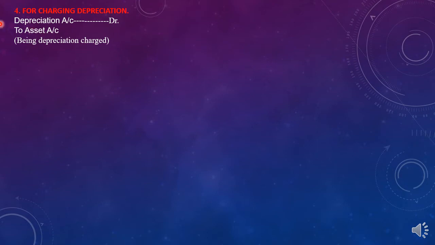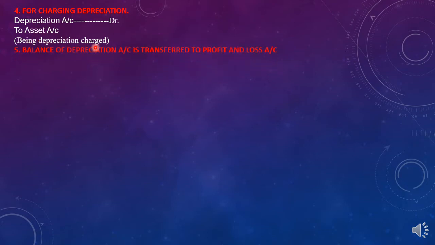Since we know that depreciation is an expense and it decreases the value of the asset, this is the entry for charging the depreciation account debit to asset account, and the narration will be being depreciation charged.